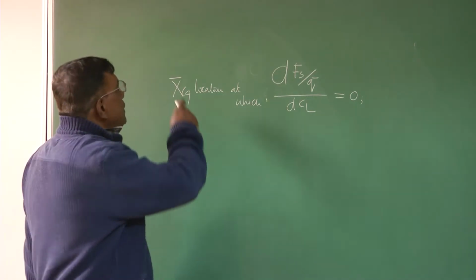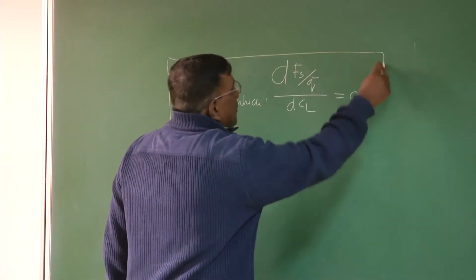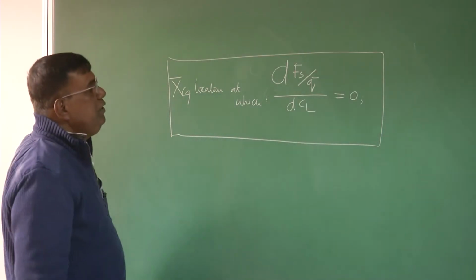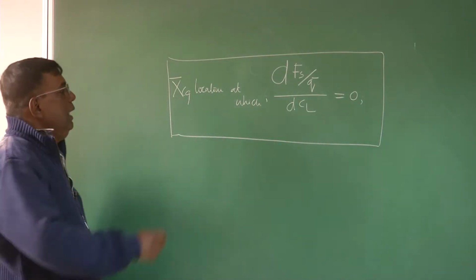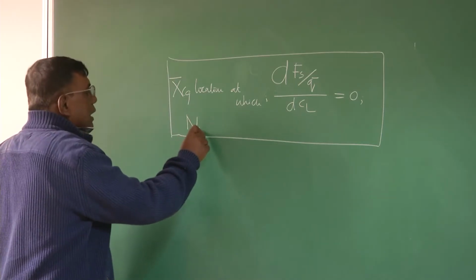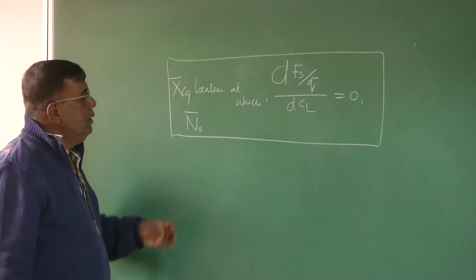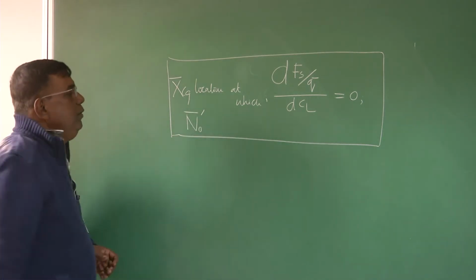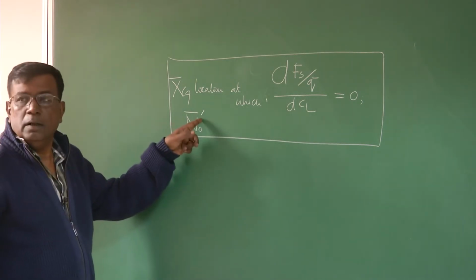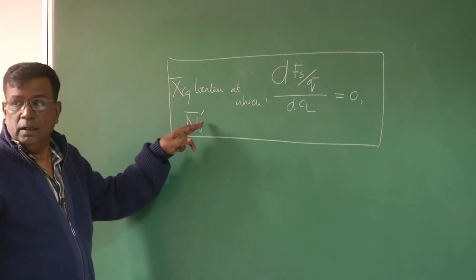This is the definition, or the mathematical backup, to determine N naught bar, the stick-free neutral point, and generally for stick-free we put a hash here. For stick-fixed we don't put it here, right?